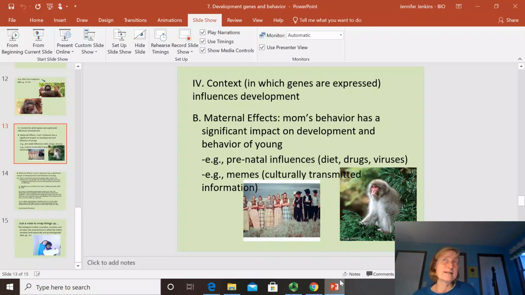But memes, by definition, are elements of culture or systems of behavior that are passed from one individual to another in a non-genetic way. Okay? Especially passed through by imitation. Well, guess what? Mom is a perfect way to get information, right? Moms provide a lot of early experiences and early learning done by the young.